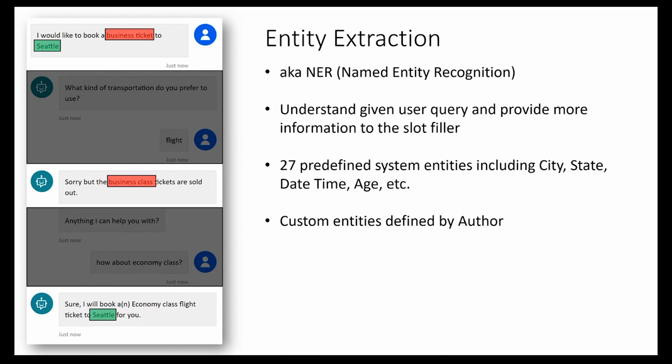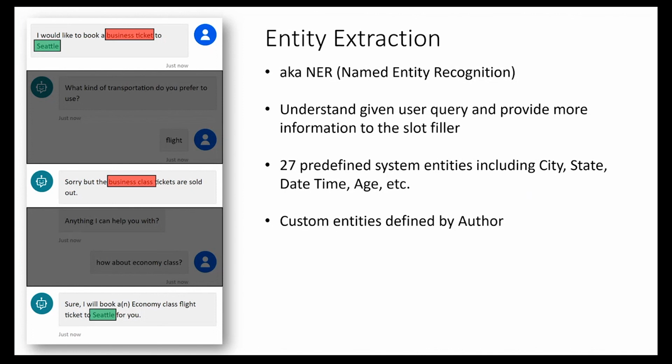And these entities, which we also call named entity recognitions, are information that the NL engine captures so that it can be used at a later part of the conversation to avoid repetitive questions. And that is done through what we call the slot filler, right? So if you look at this scenario, the user says that I would like to book a business ticket to Seattle.